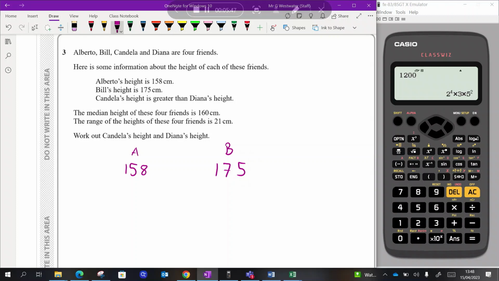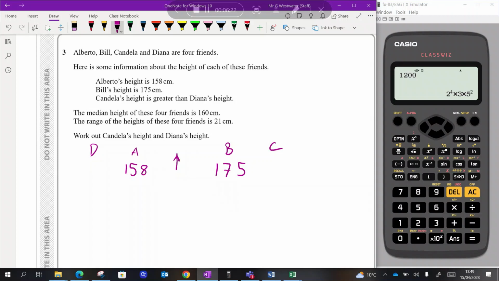So straight away that tells me that either we've got them both in here, where the median of 160 is between them, or we've got this situation where Candela's here, or we've got this situation where Candela is on the outside over here, because if it was this way round, then the median would not be 160 in between these two. Okay, and the range of heights for these 4 friends is 21.